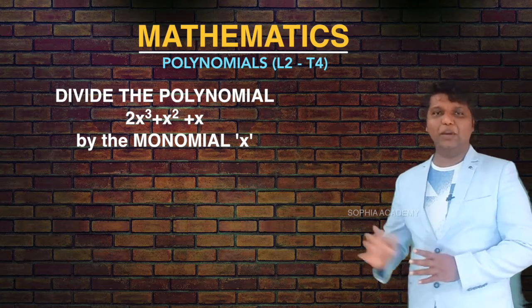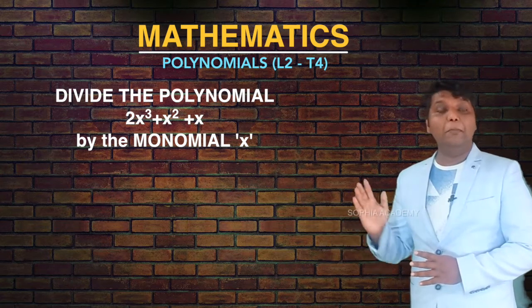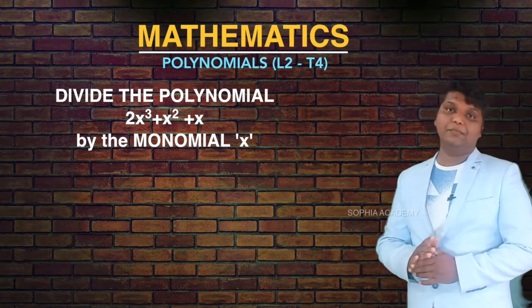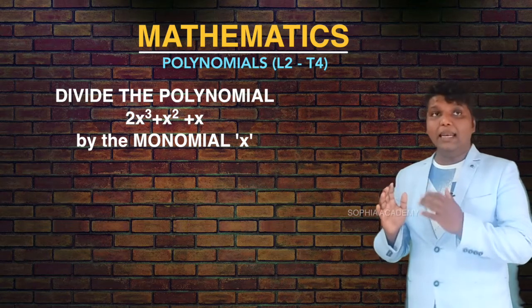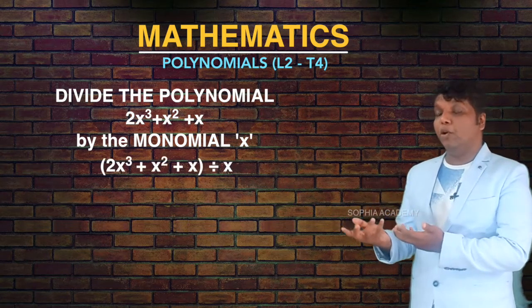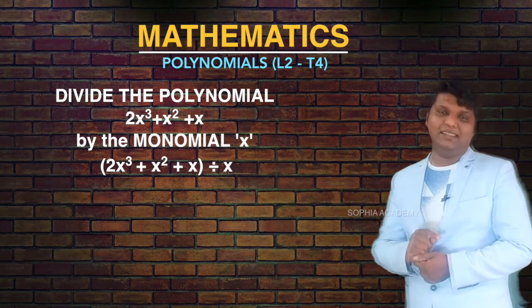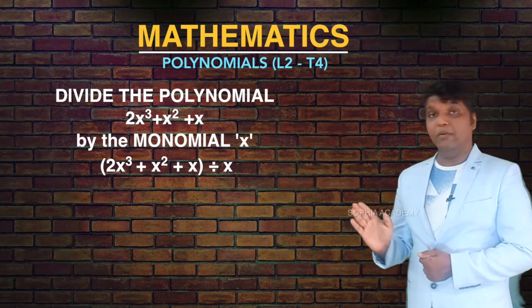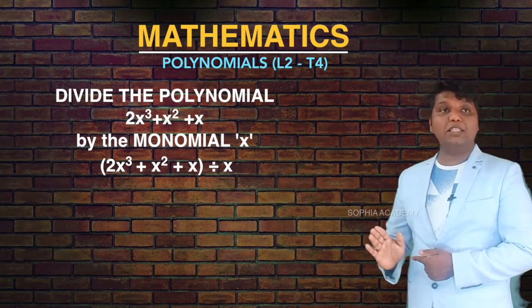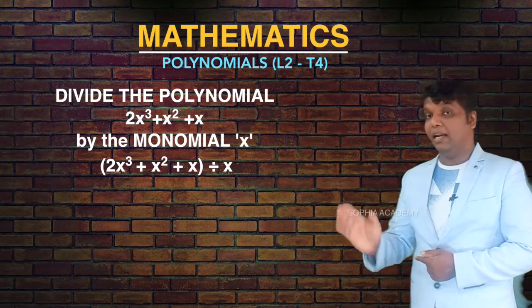So 2x cube plus x square plus x. Here you can see a polynomial. Let us divide this given polynomial by a monomial x. So for that, what will we do? 2x cube plus x square plus x divided by x.